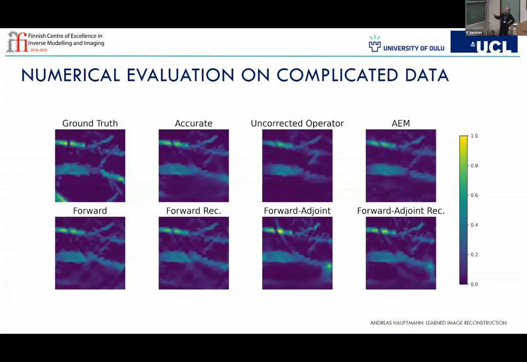With the uncorrected, there's a lot of information missing here. The approximation error method does a good job, and generally, actually, all of these corrections are doing reasonably well. There are still some artifacts sadly remaining here, but the bottom parts are getting a bit better. It's very subtle, very subtle.